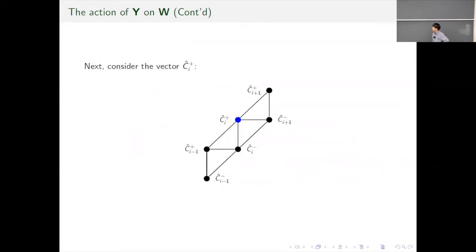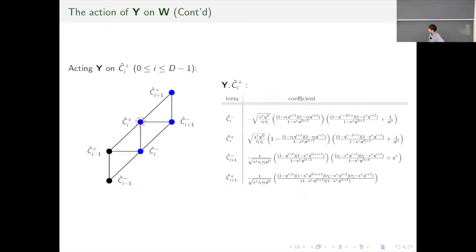Similarly, let's think about ci plus hat. We first apply T1 to ci plus hat, then horizontally we have a combination of 2 characteristic vectors, ci plus 1 minus hat and another. Now again apply T0 to each vector, then this action is vertical, so we have these 4 terms.